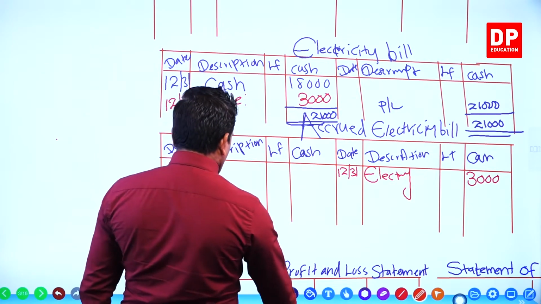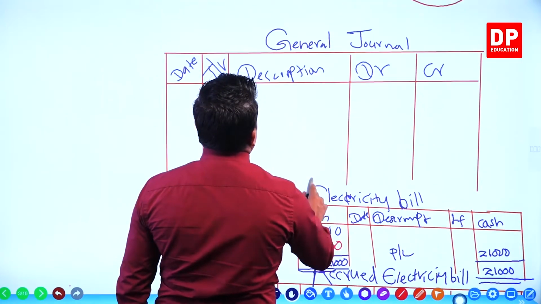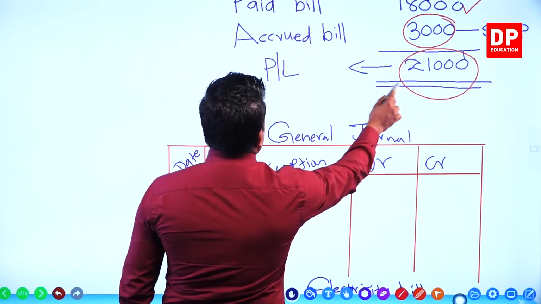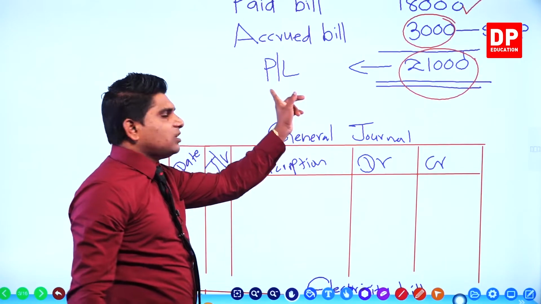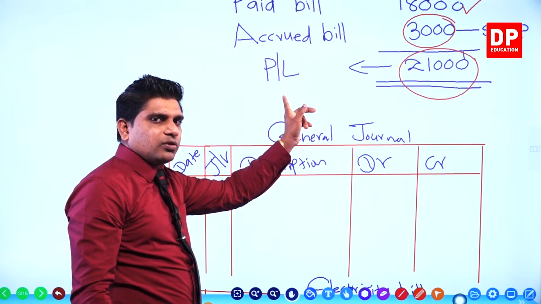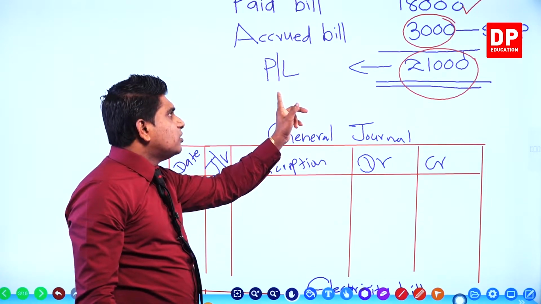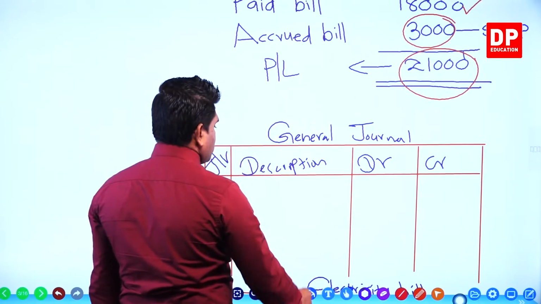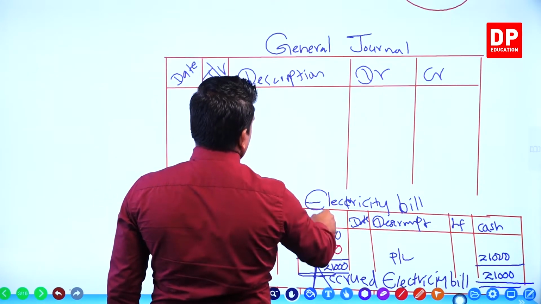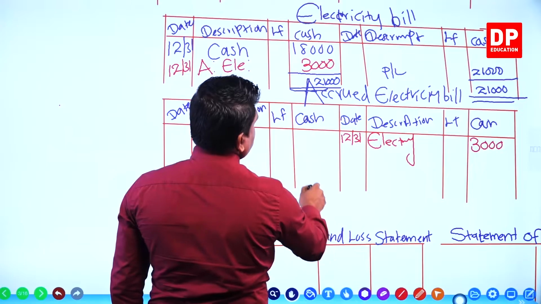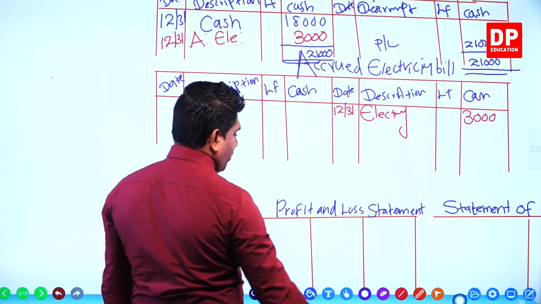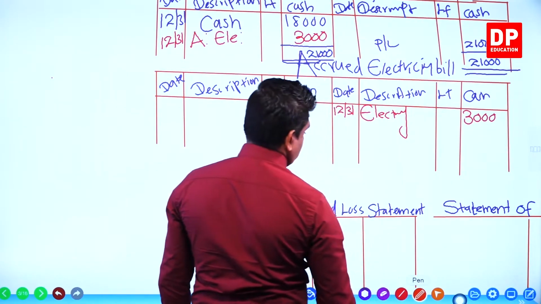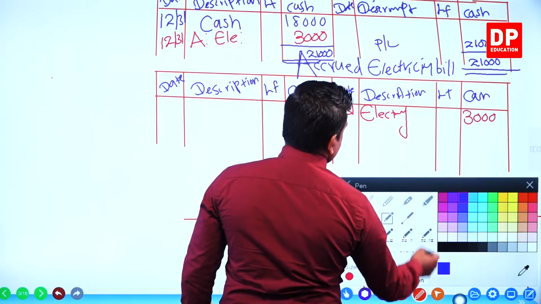Now if you want, you can see the above calculation, we got it now, 21,000. At the beginning I told you profit and loss statement. Now 3,000 goes to the statement of financial position. Now I am going to balance that one, right?